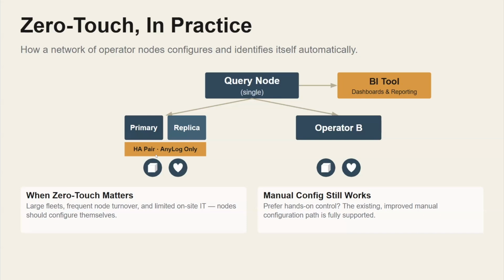All that gets stored on the operator node, and then the query is able to gather insights from multiple sources at once. Zero touch means that I say I want a specific type of deployment and it does it. You can also still configure it manually with the node name, node type, predefined connectivity information, whatever else you may be interested in.